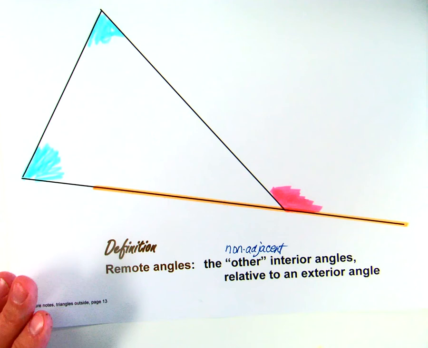Remote means not close. So these two angles are remote angles. That's the definition. They are away from the intersection that we're talking about. Here is our extended line, our exterior angle, and these are remote angles by definition.